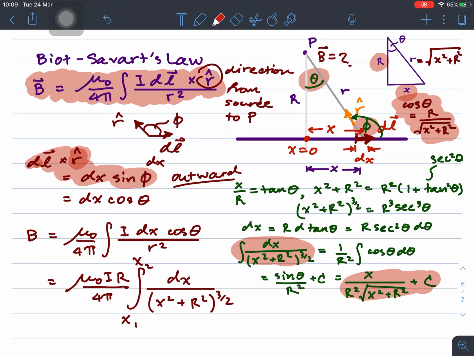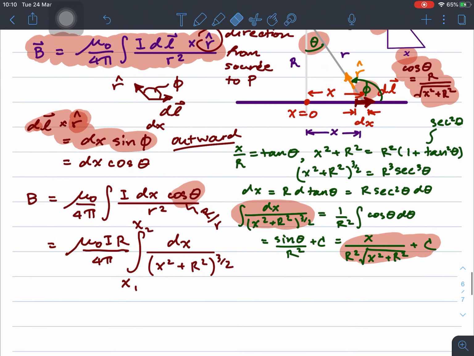Because cosine theta is big R over small r, the one small r here and two small r here make small r to the power 3, and it becomes x squared plus R squared to the power of 3/2.